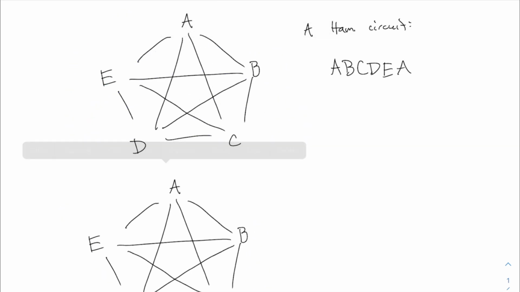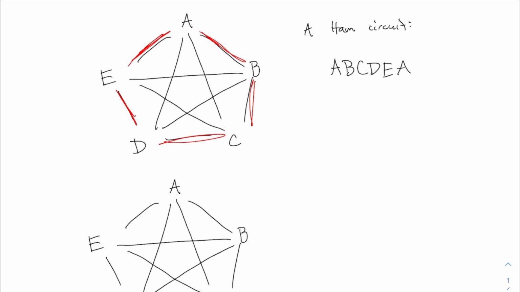A, B, C, D, E, A would be like this: A to B, B to C, C to D, D to E, E to A. That is a circuit. It is a Hamilton circuit because it visits every vertex once without repeating any vertices. Very, very simple Hamilton circuit.